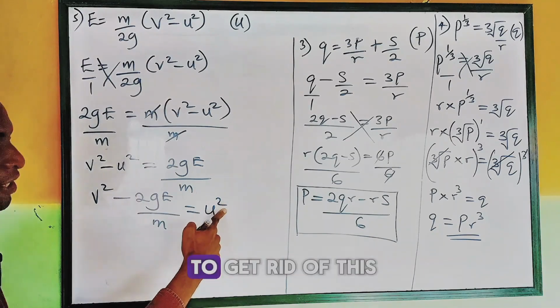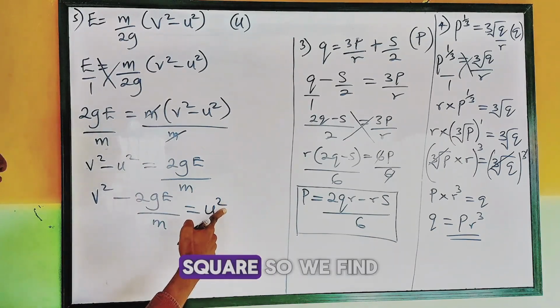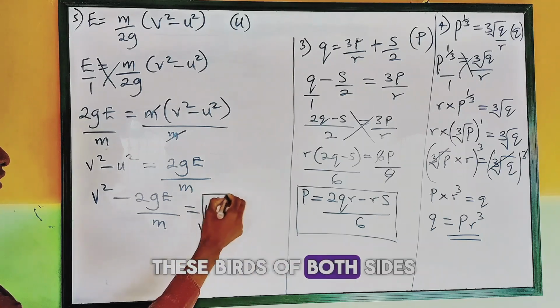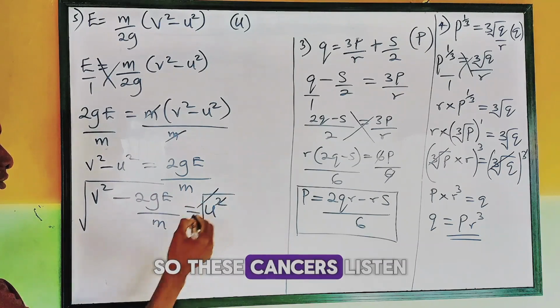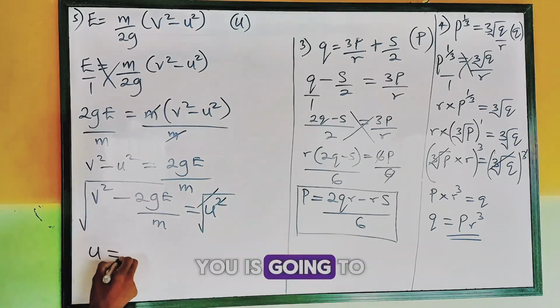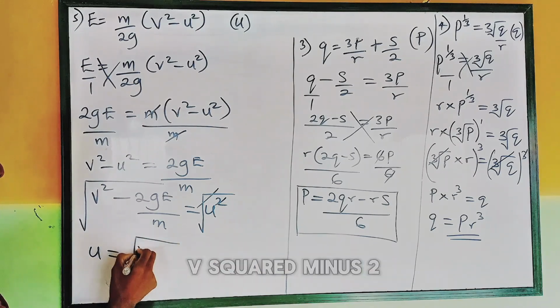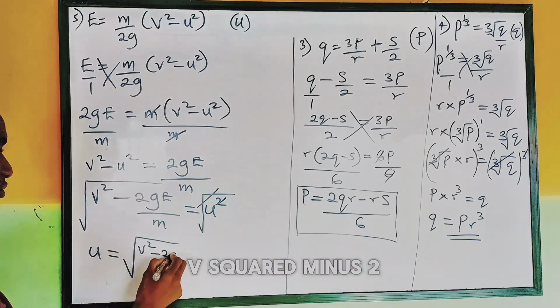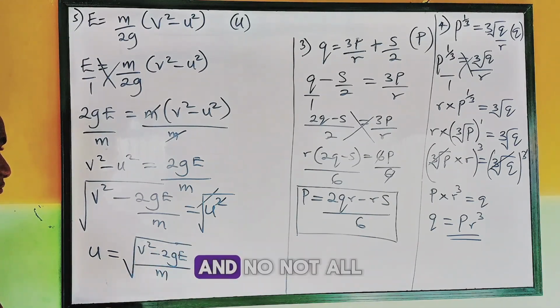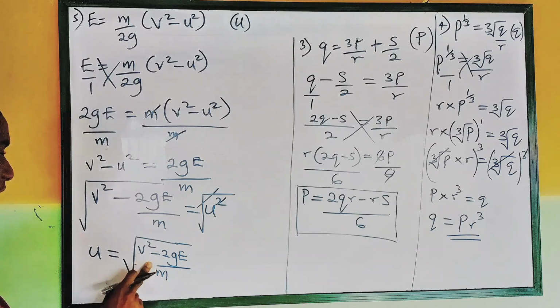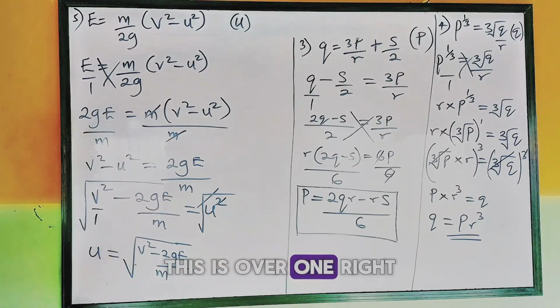The last thing is to get rid of this squared. So we find the square root of both sides to be able to get that done. So this cancels this, and then our U is going to be square root of V squared minus 2GE over M. This is over 1, right?